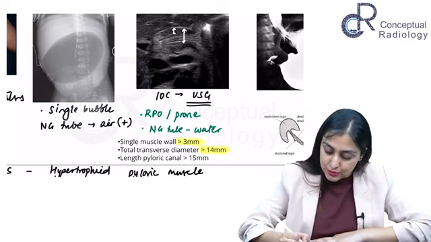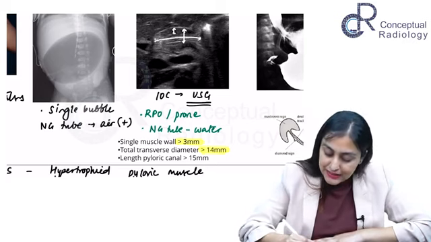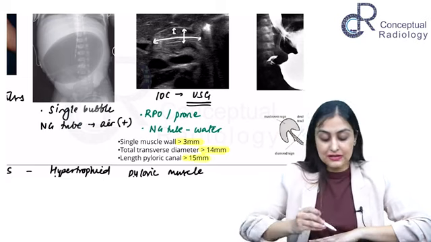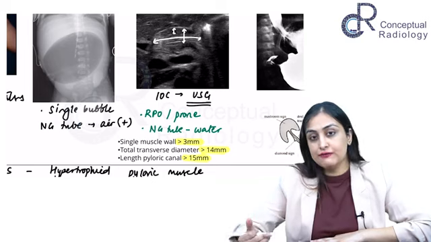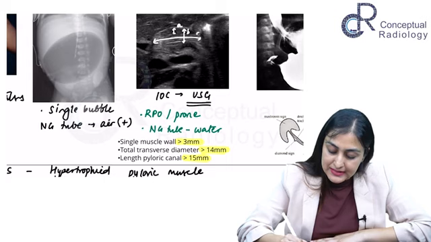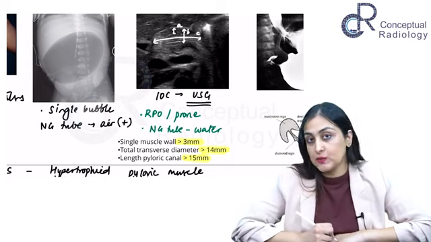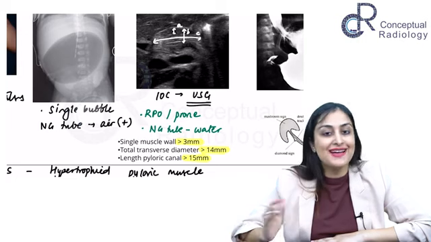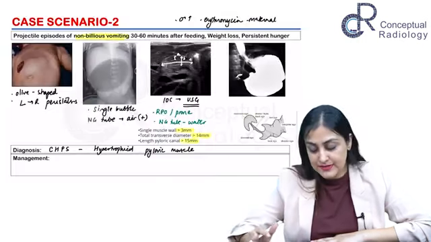And if you take into account the length of the pyloric canal, that has to be more than 15 millimeters. So these are 3 numbers that you can remember: 3, 14 and 15. I'm just going to label these A, B and C so that we can correlate with the numbers here, right? So these are 3 measurements on ultrasound which are pretty diagnostic of CHPS.